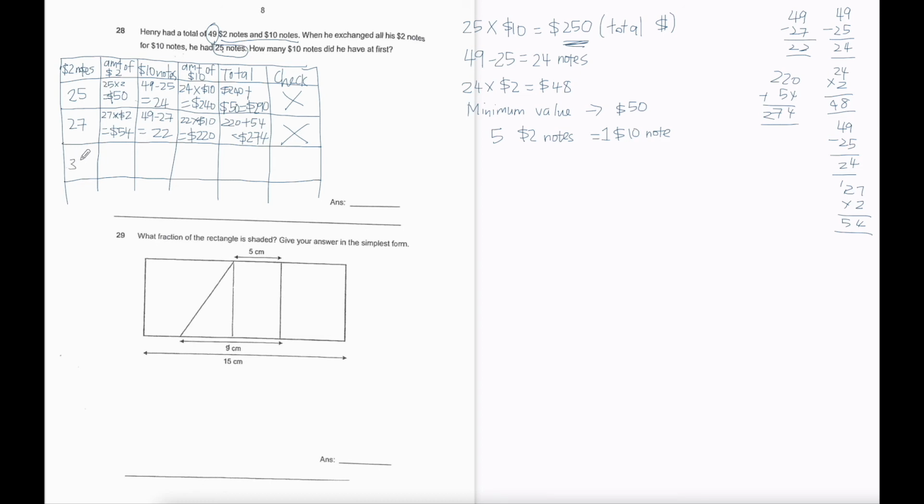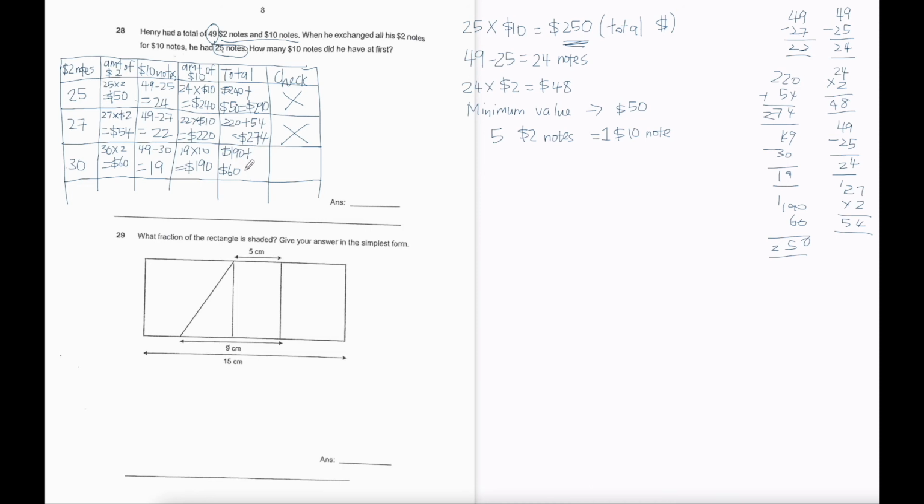So let us try 30 then. 30 times 2 is 60. 49 minus 30, we get 19. 19 times 10 is 190. 190 plus 60, I think we got the answer.